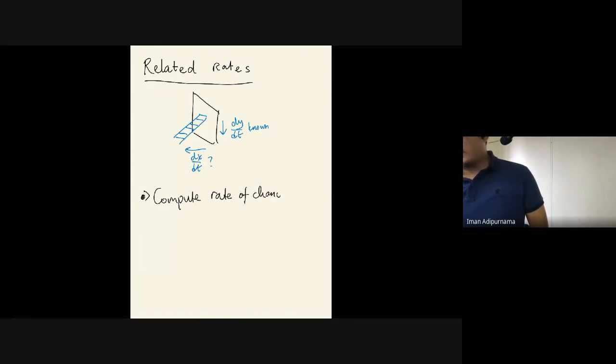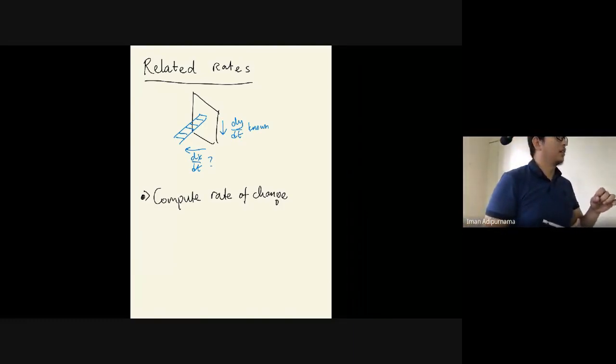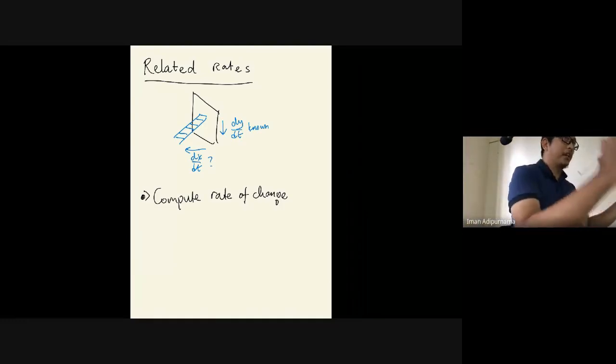It can be anything, like blowing up a balloon and it's getting bigger. You can think of a volume change. Or if you have a coin that is heated and becomes larger, that's also a case. You can calculate the rate of change of the coin.